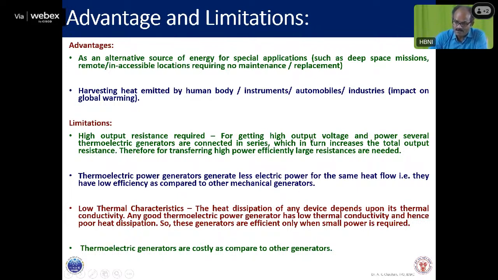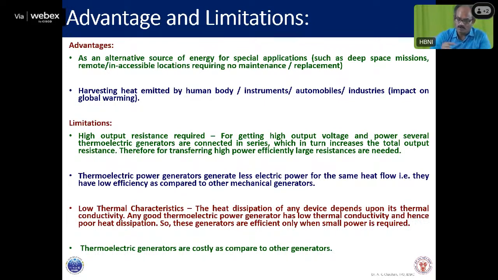So for getting high output voltage and power, several thermoelectric generators are connected in series. Suppose you want 1 millivolt, and your one device is giving 10 microvolt. In that case, you need to add 100 such devices in series.